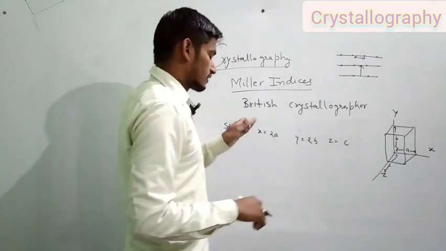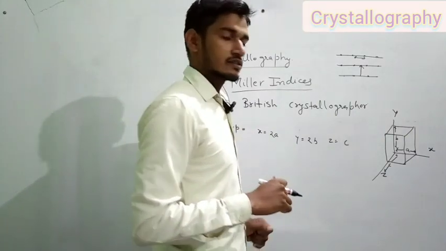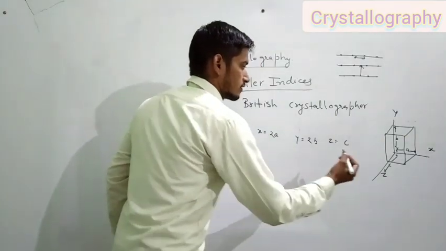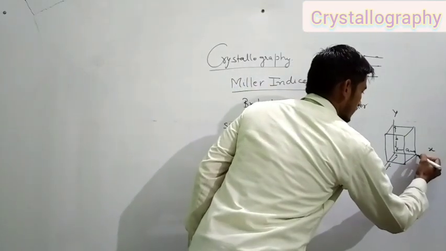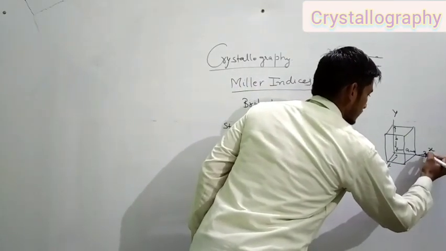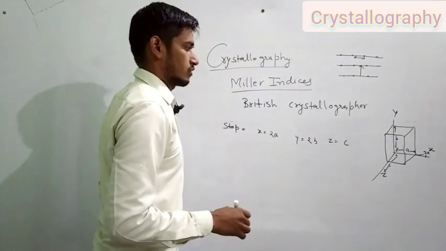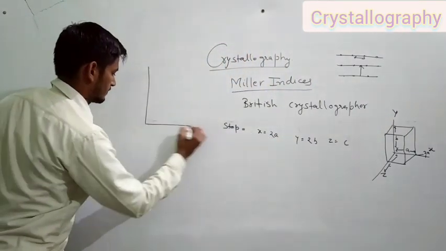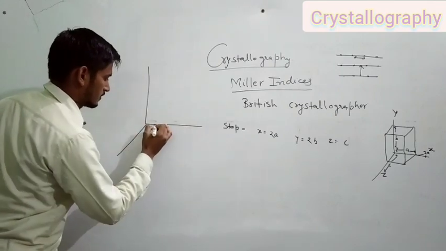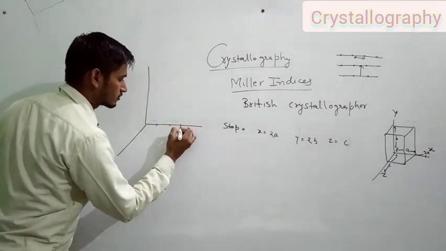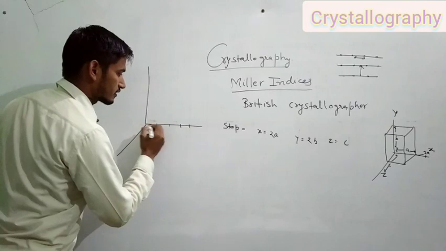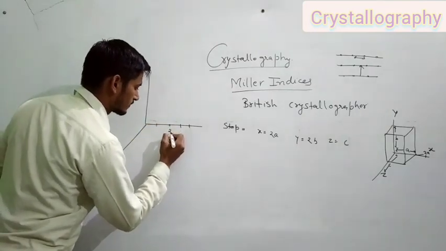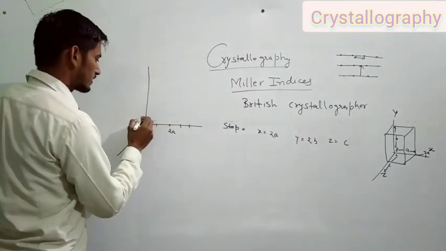If x cuts an intercept on the x-axis, for example x is equal to 2a, with one unit, 2 units, 3 units, 4 units. X cuts at 2a, y cuts at 2b, and z cuts at c.